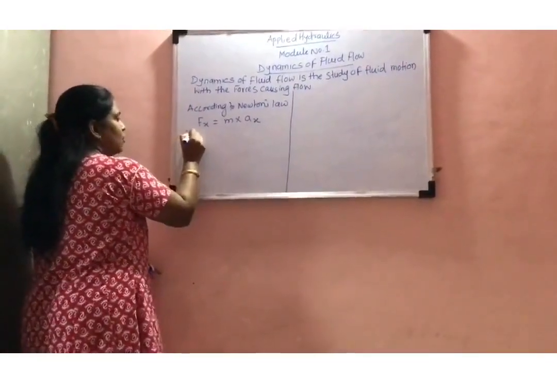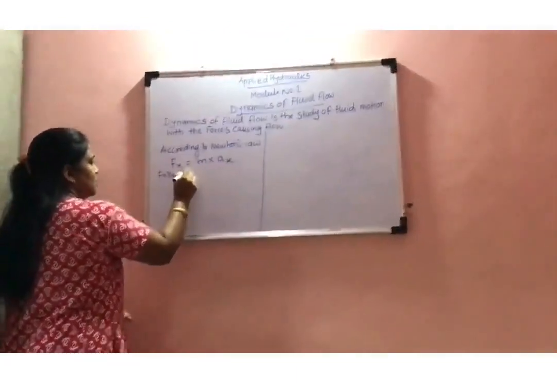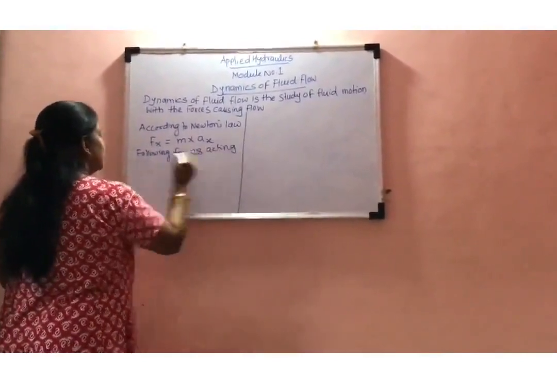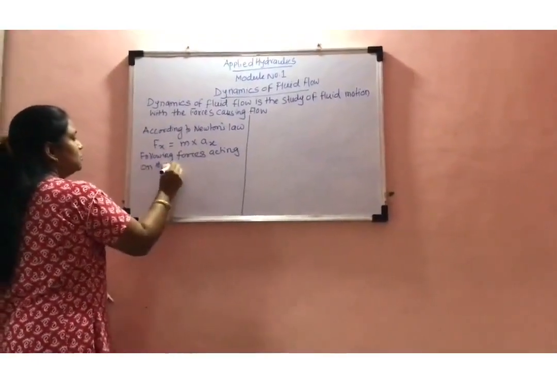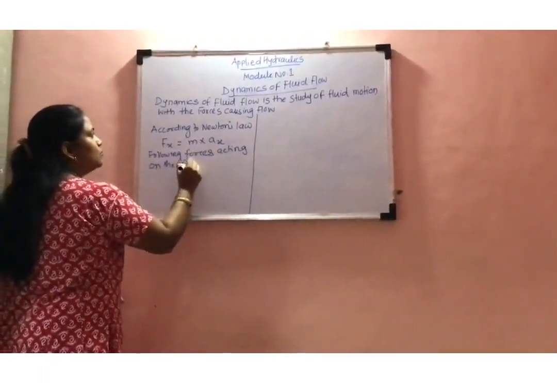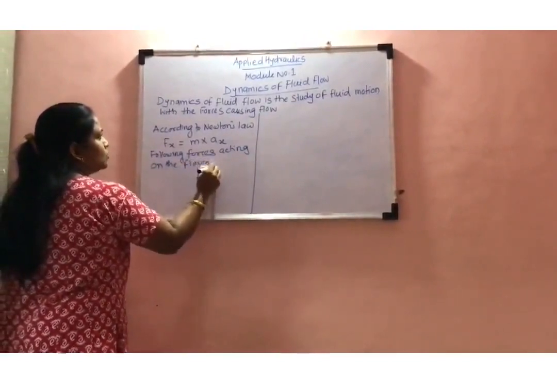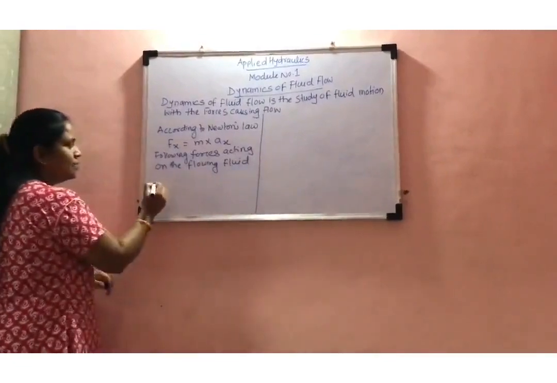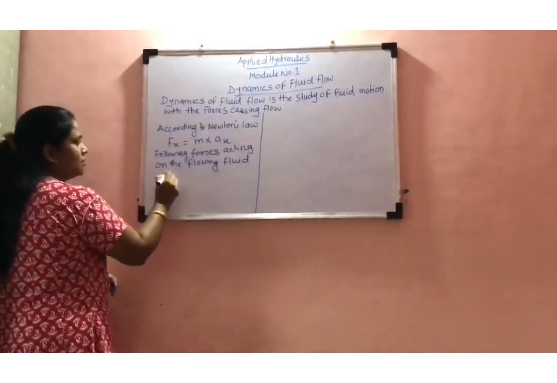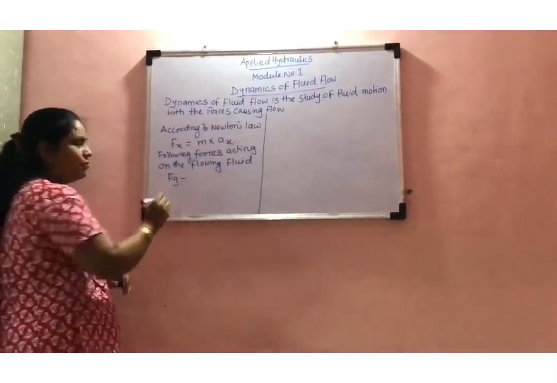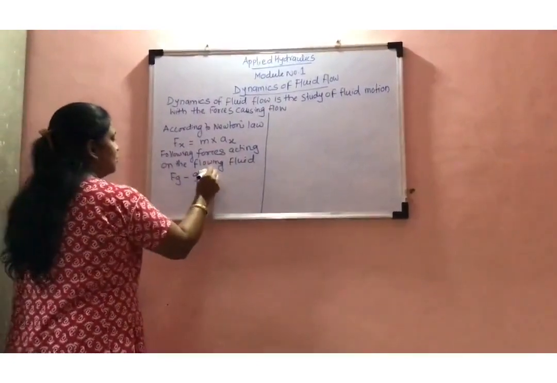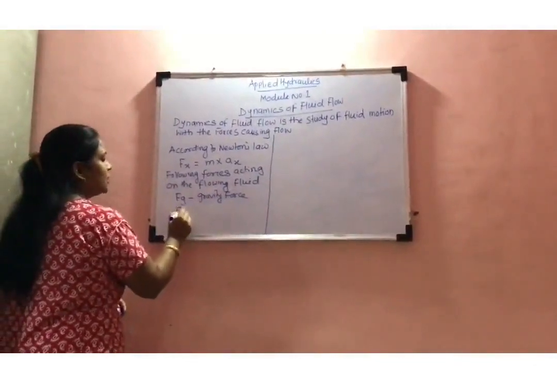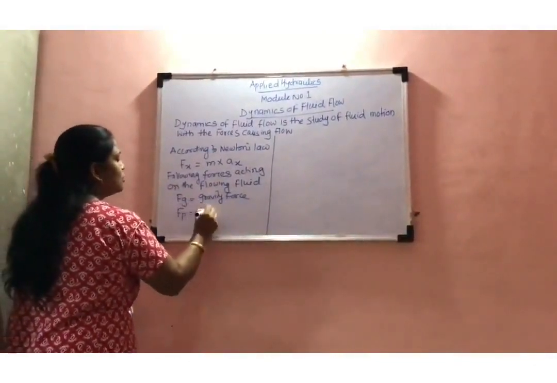There are the following forces acting on the flowing fluid. In that, first force is Fg, that is gravity force or gravitational force. Then second force is pressure force, Fp.